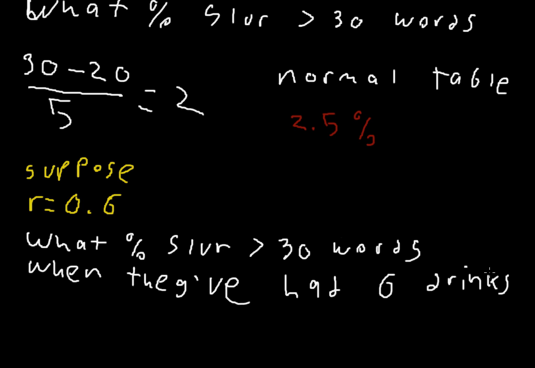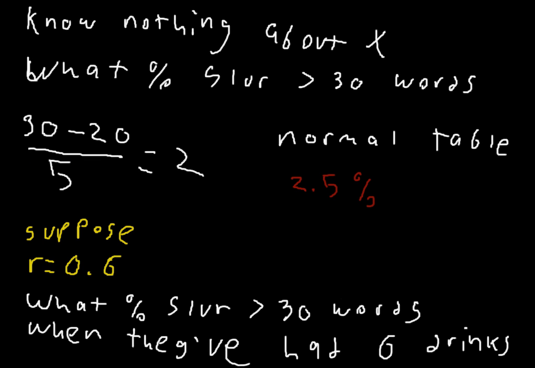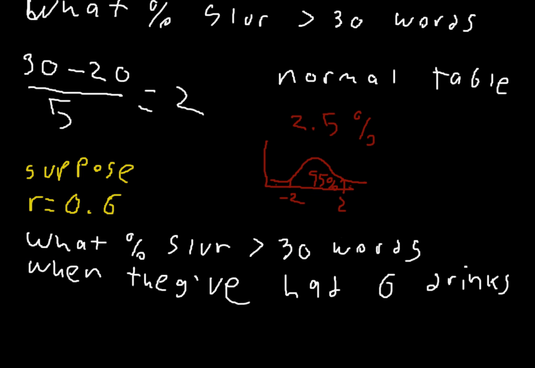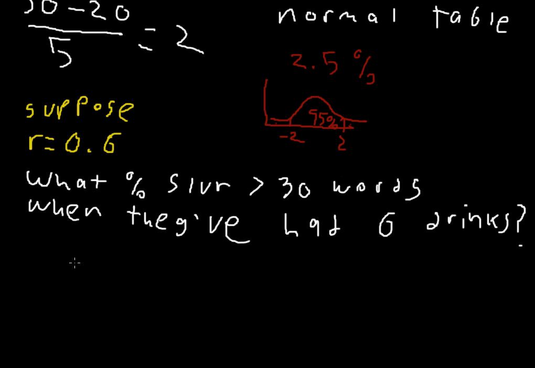Here it was 2.5%. Why was it 2.5%? Well, if I draw a normal curve, that's 2 standard deviations, that's -2. We know that 95% is in the middle, so 2.5% is here, and 2.5% is here. So back to our question, what percentage slur more than 30 words given that they've had 6 drinks? Well, 6 drinks is 2 standard units away from the mean. Why?